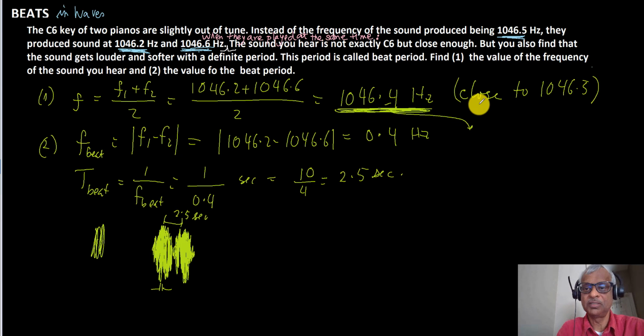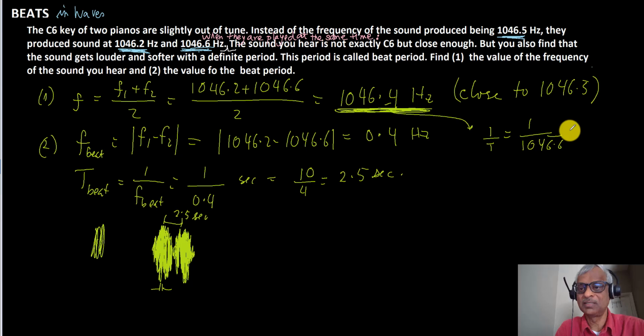So you can see 1 over T here is 1 over 1046.6 seconds, so this is around 1 millisecond you're going to hear. The time period for this will be 1 millisecond, and the time period for the beat will be 2.5 seconds. Okay, so these are the answers.